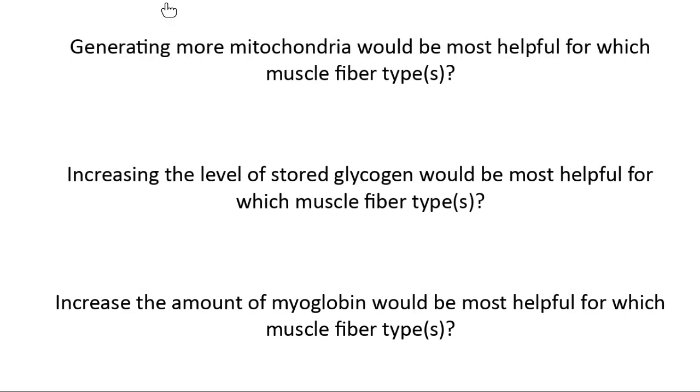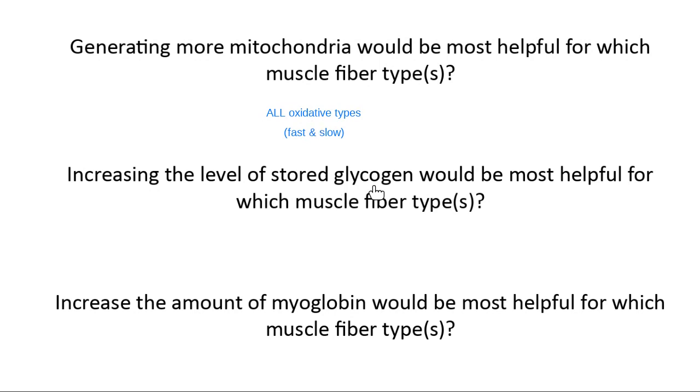Yeah, that's going to help all oxidative types, fast and slow. Both of them use mitochondria to build their ATP. So if I use mitochondria, I'm an oxidative type of fiber. You give me more of them, I can work even better.